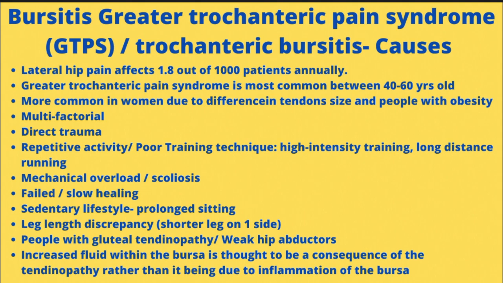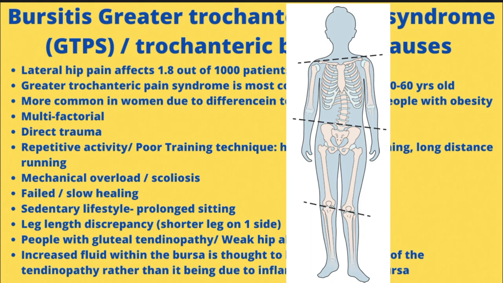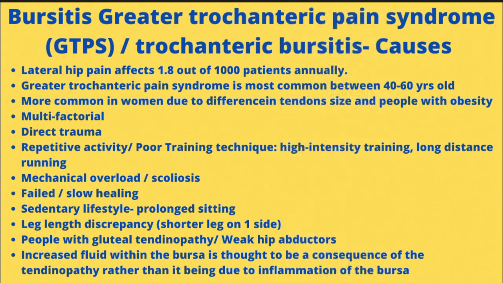There can also be a structural cause predisposing to bursitis. These are things like scoliosis or even a leg length discrepancy. Women are also more commonly affected due to either the differences in tendon size or because the pelvis of women is slightly wider than that of men.